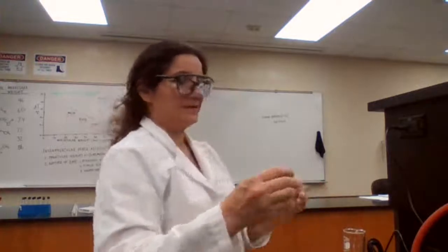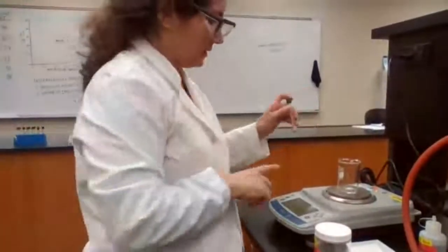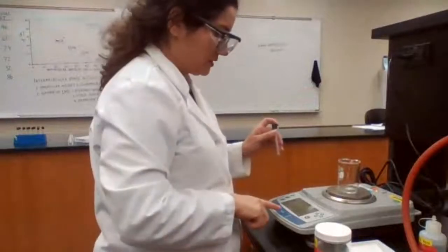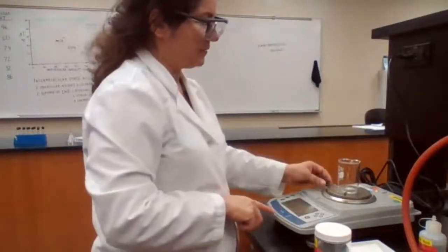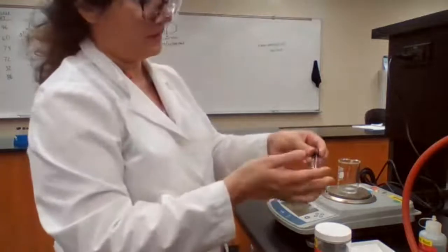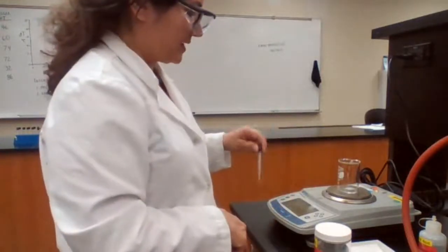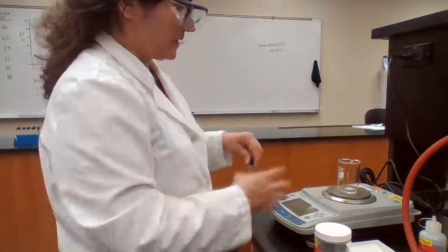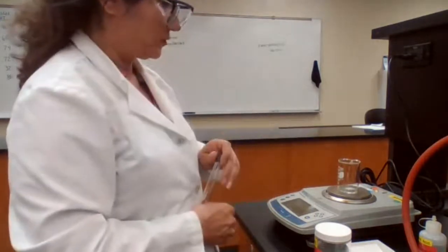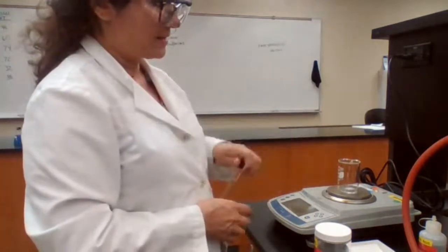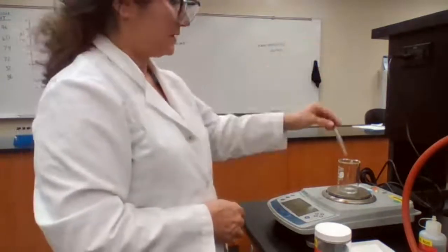Because it's a test tube, I'm going to place the test tube inside a beaker to measure the mass, so I don't have to lay it down. Even though it's stoppered already, it's still the correct way. If you have a test tube, it's better to have a container to place it in, but you don't need the mass of the beaker, so you just leave the test tube inside the beaker.